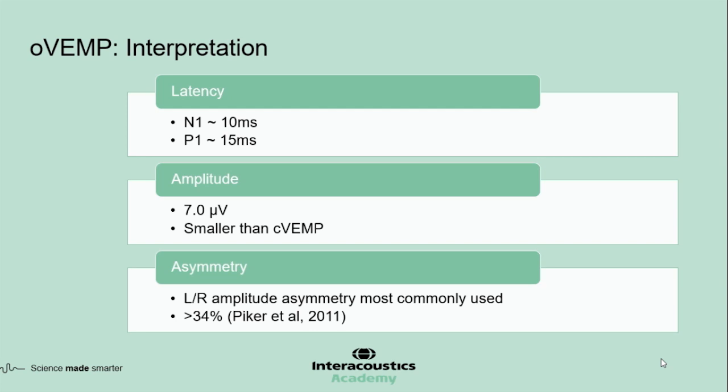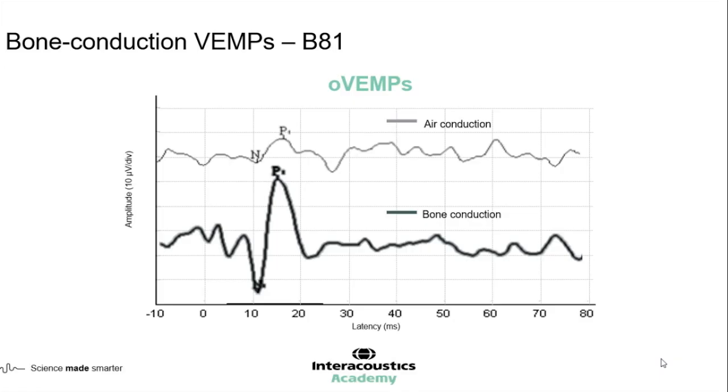In terms of comparing the amplitude asymmetry, we've got Piker et al. in 2011 looking at asymmetry being around 34%, so very similar to cVEMP when you're comparing the sensitivity of one side versus the other.